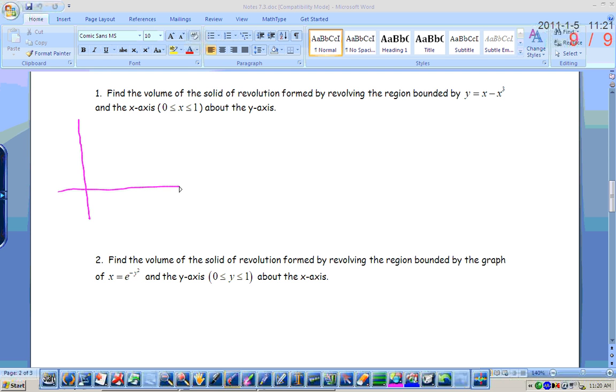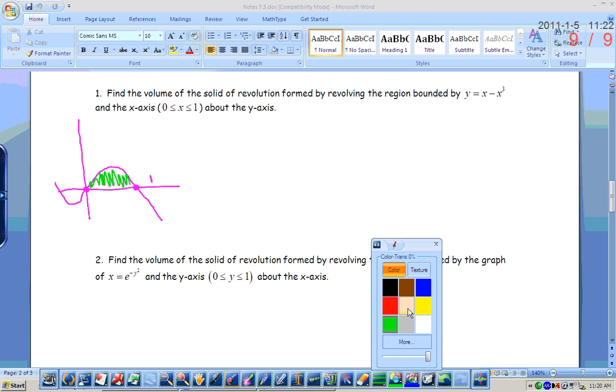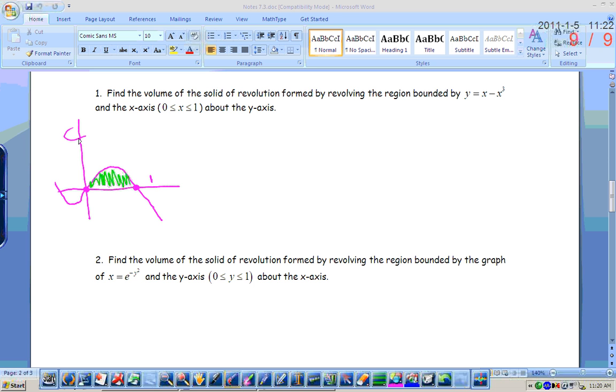If you draw the graph of y equals x minus x cubed, you get a graph that looks something like that. But we just want the portion between x equals 0 and 1 and the x-axis, which happens to be this little portion right here, and we want to revolve it around the y-axis.